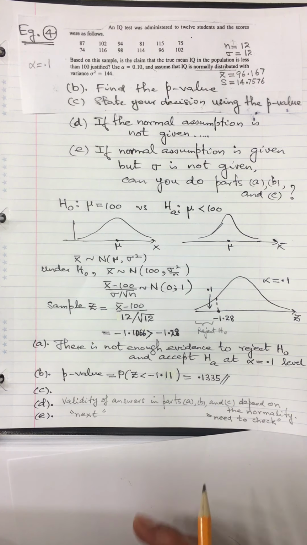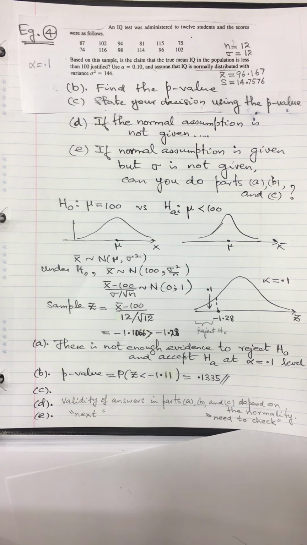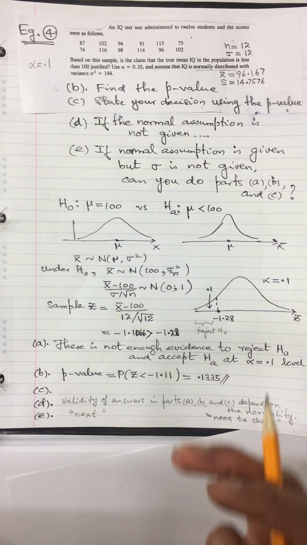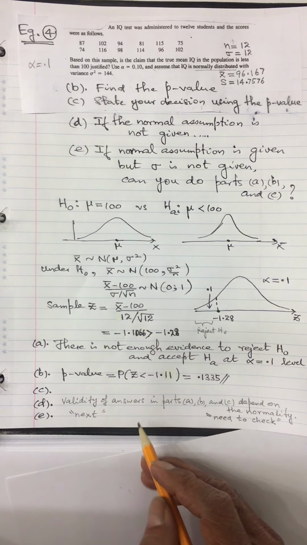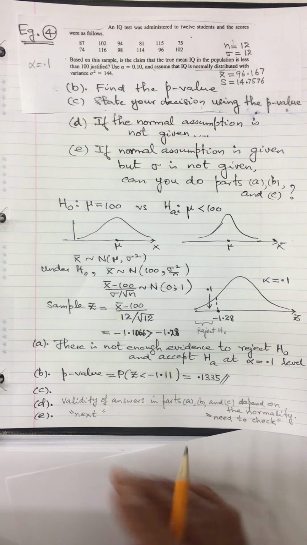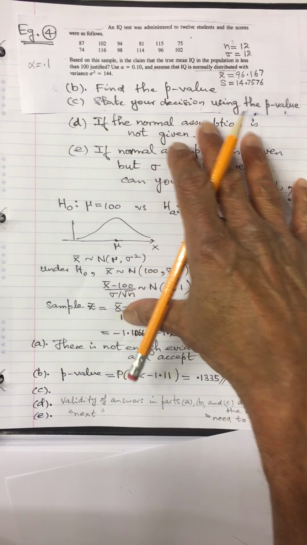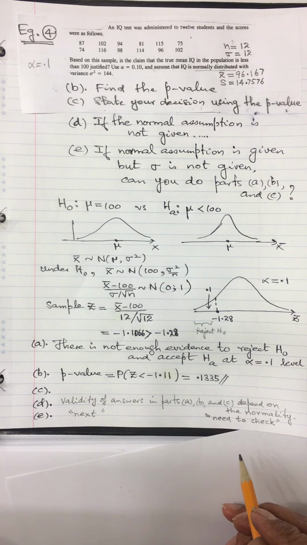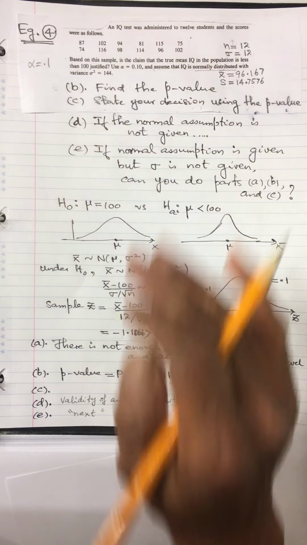If that part is not there, there's no other way based on the stuff you know how to do. So you do exactly what we did, and at the end you say that the validity of these answers depends on that assumption.